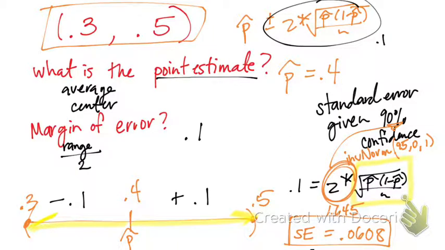So those are 3 different things that they could ask you if you're just given a confidence interval but no other information. The last thing that they could ask you is, let's say you've done your full write-up, and then it comes to the last problem.